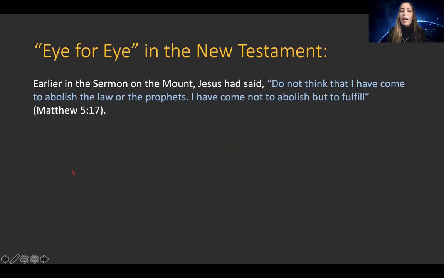Now, the way that example helps us answer the question is, was there too an original law, right, about the eye for an eye, tooth for a tooth, that Moses changed because of the hardness of the hearts of the people?